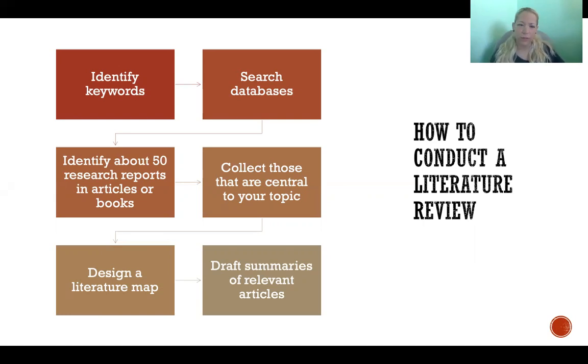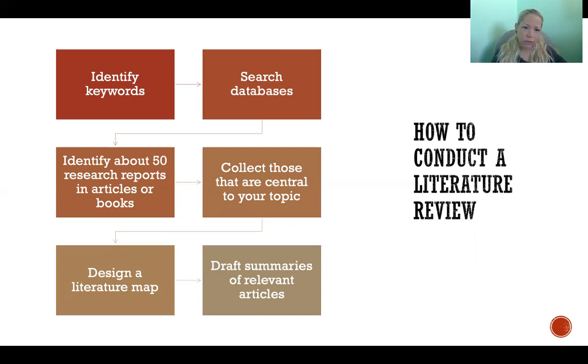And when I say relevant, I mean that are related to your research question, related to the topic that you want to study, and that probably came up when you searched for those keywords. So narrow it down to maybe 50 that you think are going to be the most useful and the most relevant out of the ones that you found.